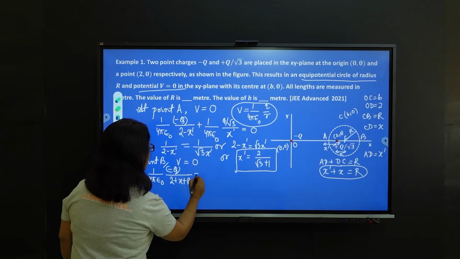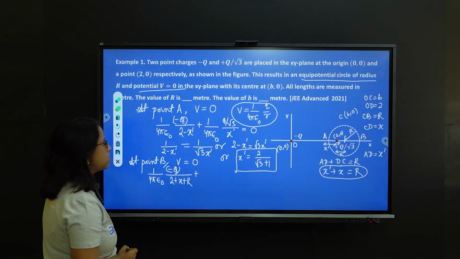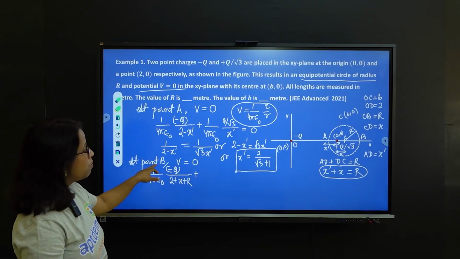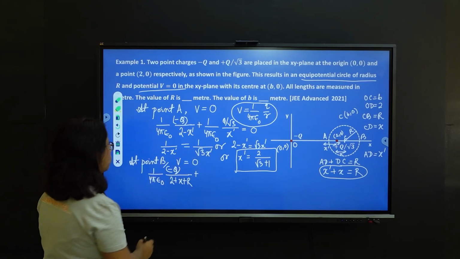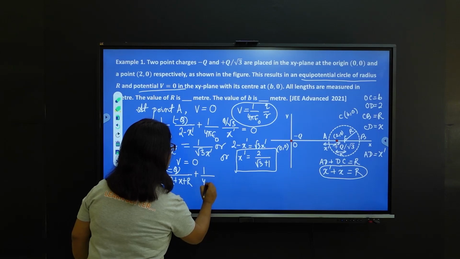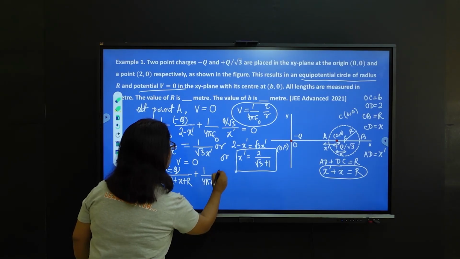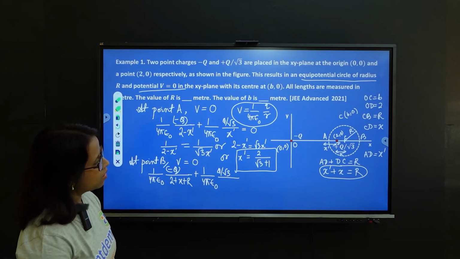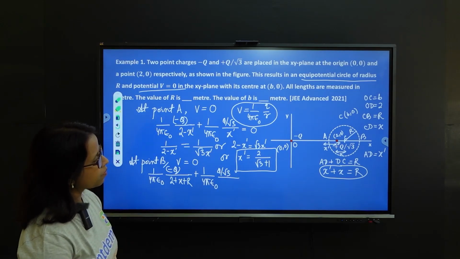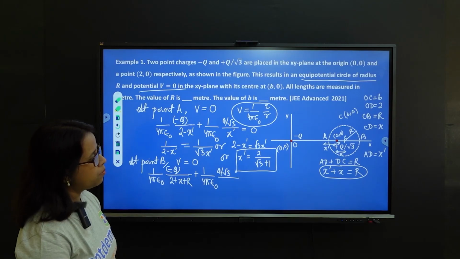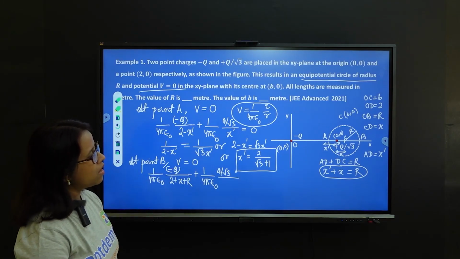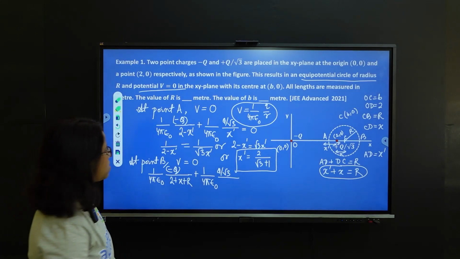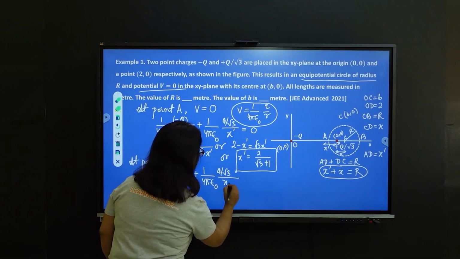And the sum of this with the potential at point B due to the charge q by root 3. Let's look at that. We have 1 by 4 pi epsilon naught, this is q by root 3 and the distance is dB. So just look at dB. It is nothing but r plus x, so we have this as r plus x or x plus r.